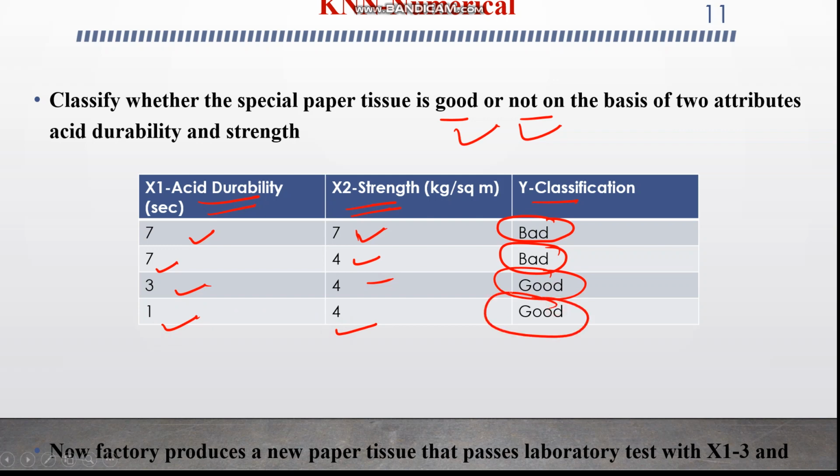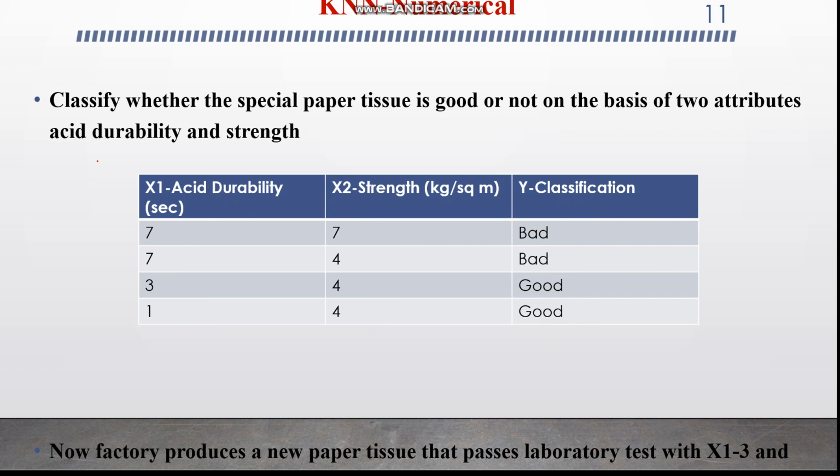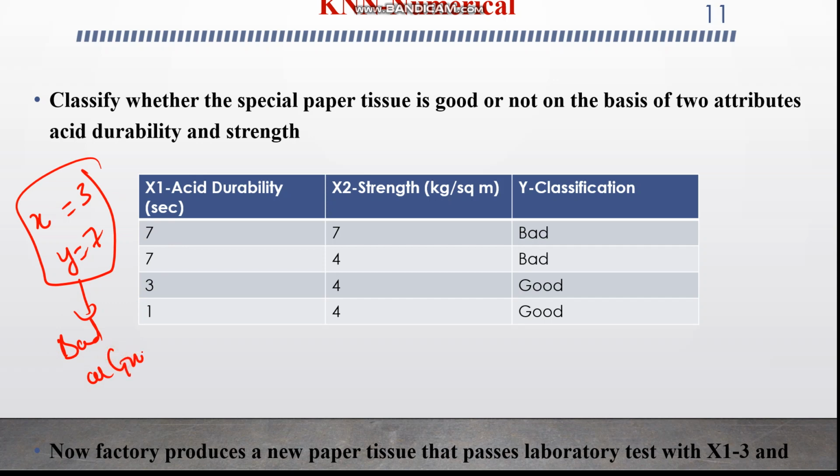Now the factory produces a paper, and it has to pass certain tests. The question is, if x1 is 3 and y is 7, will its quality be bad or good?